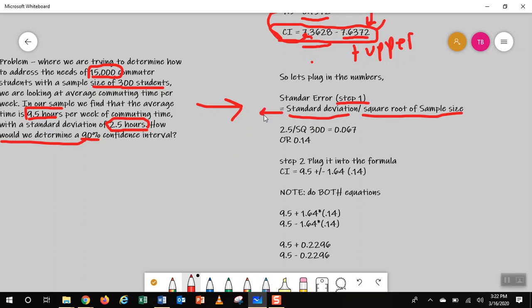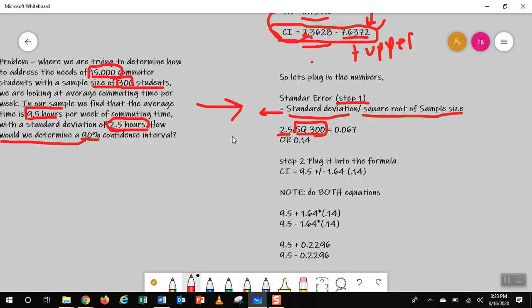So you go back and look at your numbers. 2.5 hours is the standard deviation, and you divide that by the square root of 300. 300 again is the sample size, not the population size.